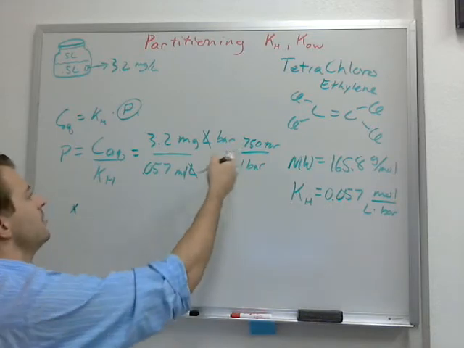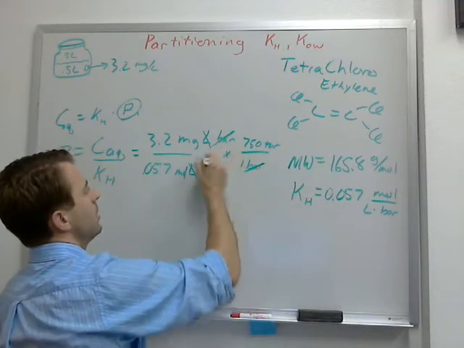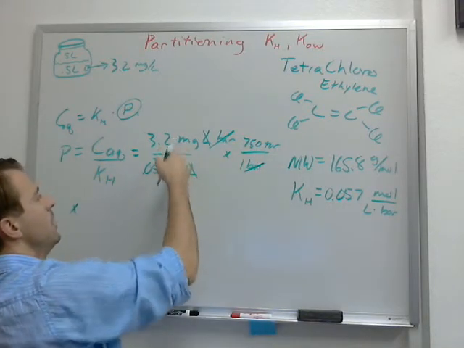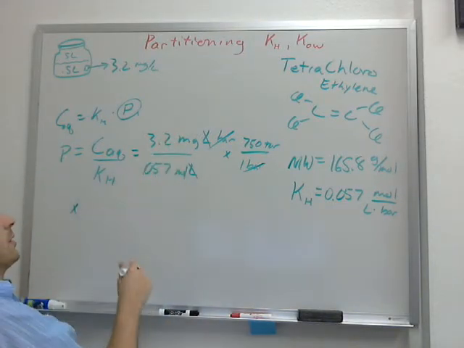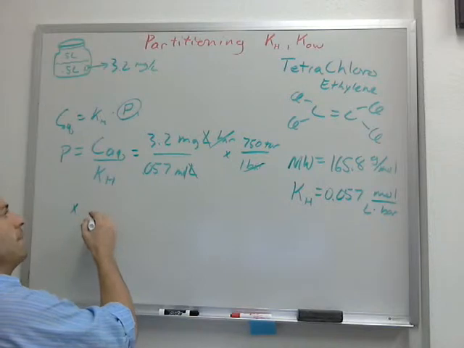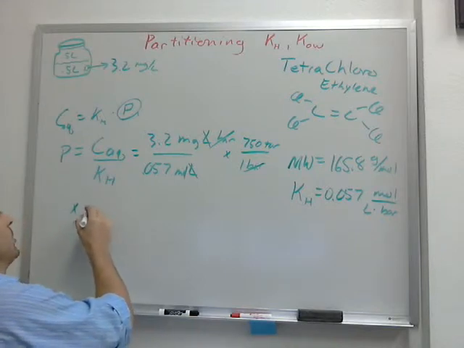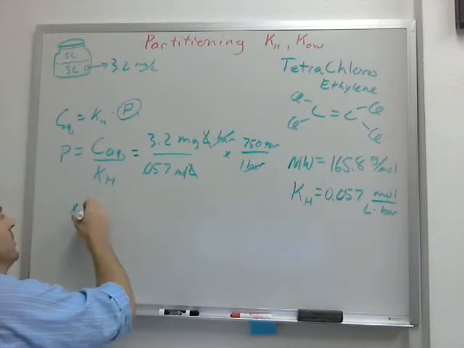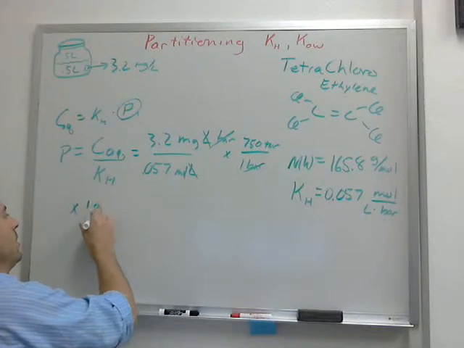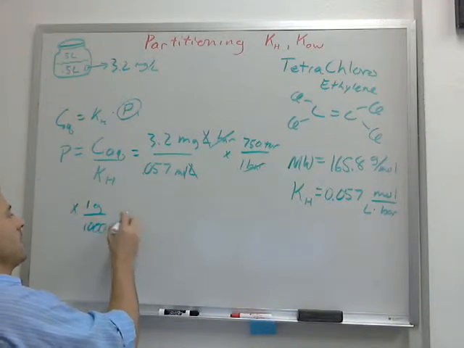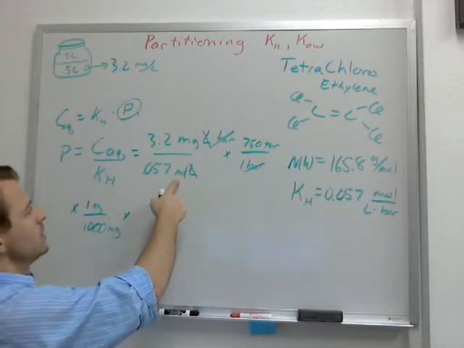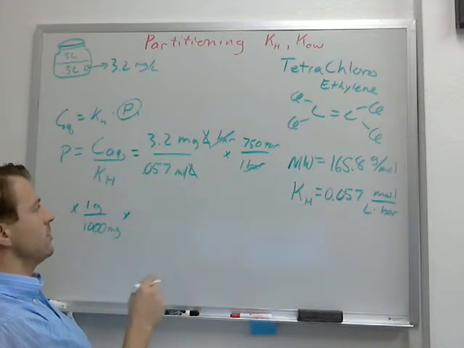All right, so that's going to give me, my bars are gone, I'll be left in torr and milligrams per mole. So I still need to get rid of my milligrams. So I'm going to say 1 gram is equal to 1,000 milligrams, and then my moles, I need to get rid of those as well.